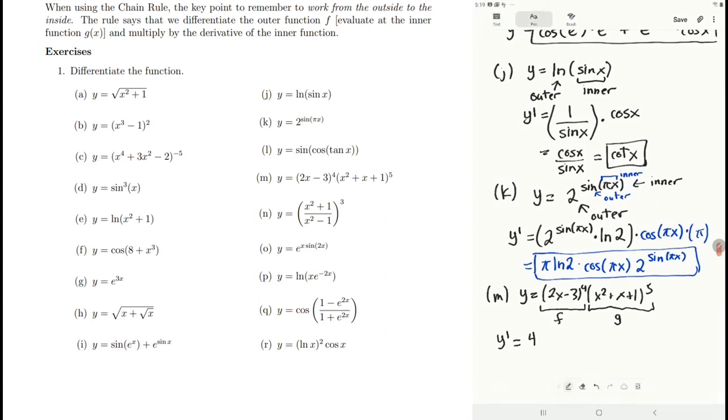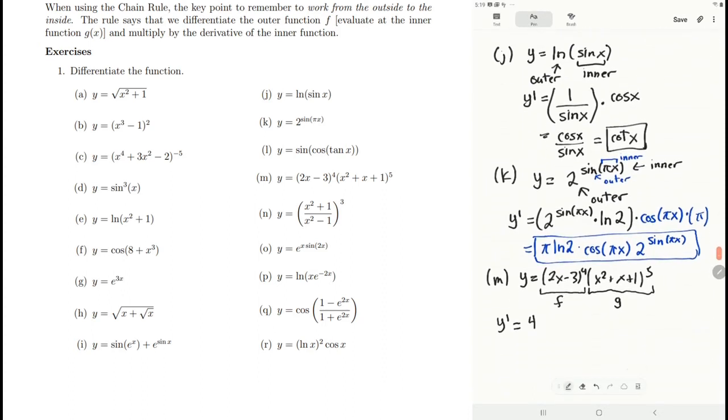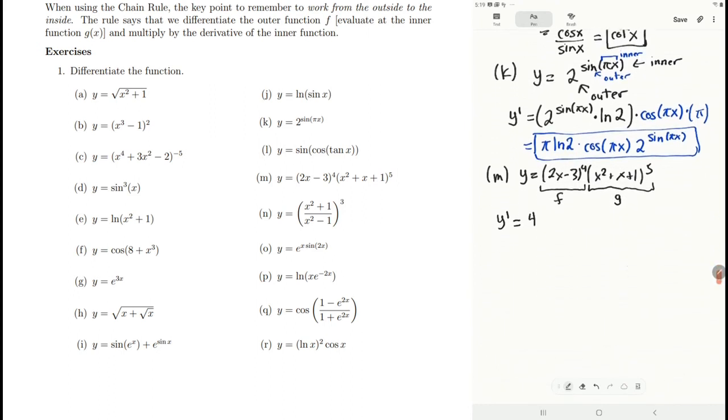We will leave the inner function unchanged, so 2x minus 3. We subtract 1 from the exponent, which is 3, and then we multiply by the derivative of the inner function. So the derivative of 2x minus 3 is 2. So this is f prime.